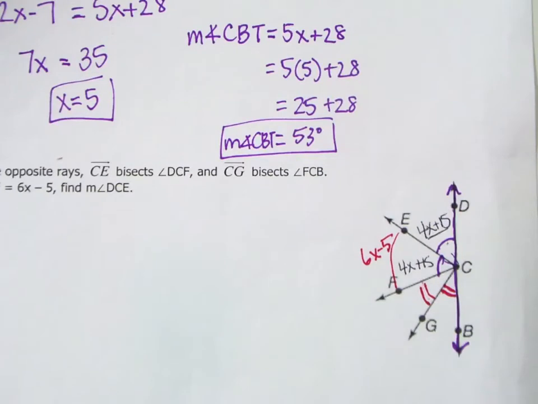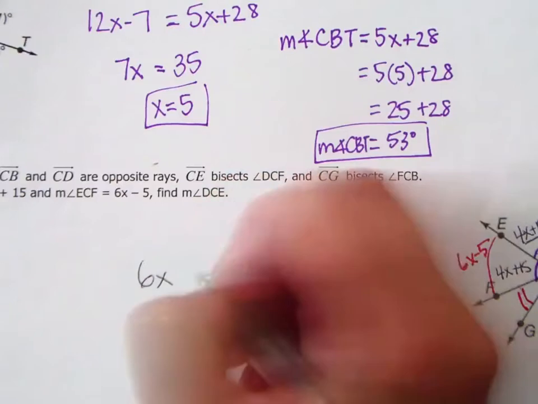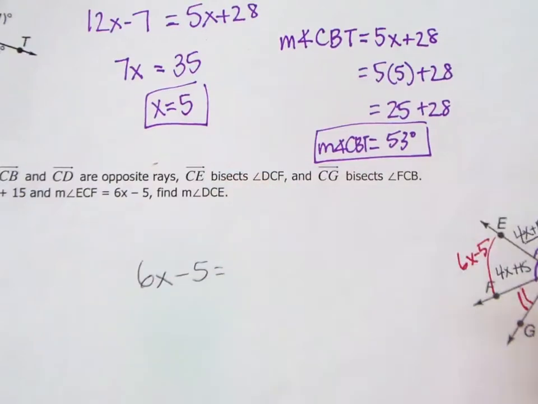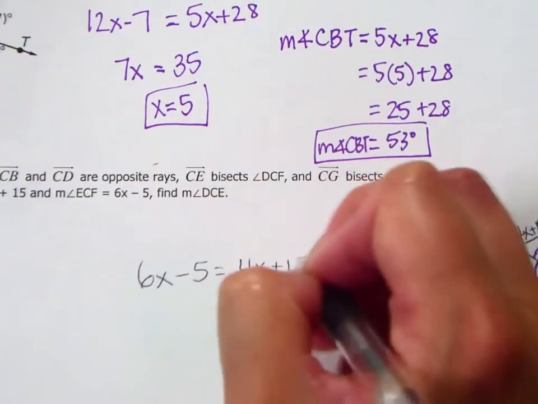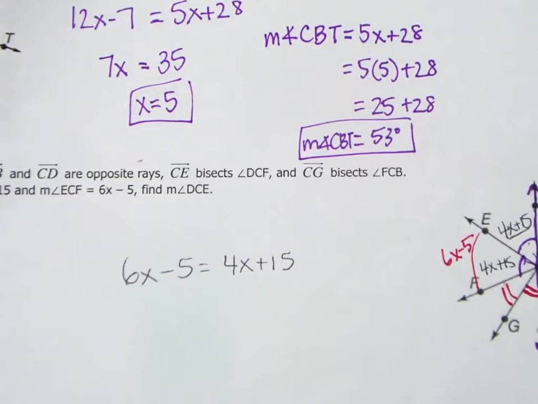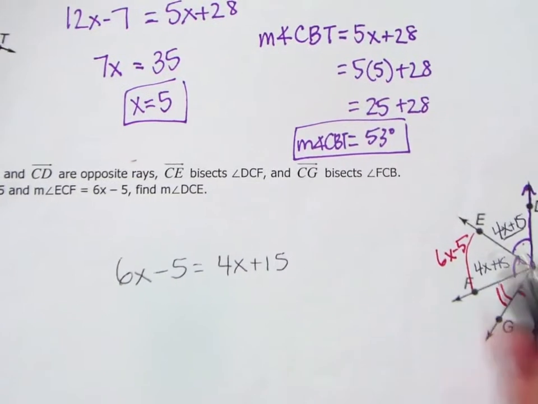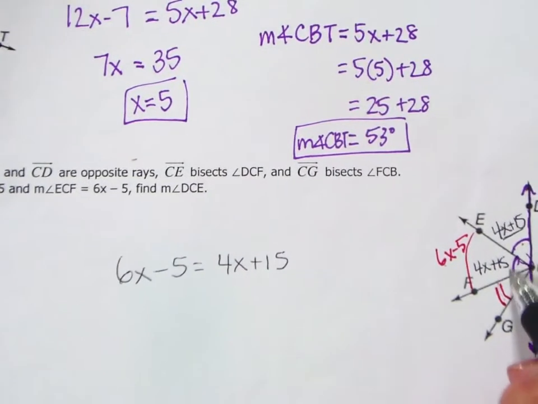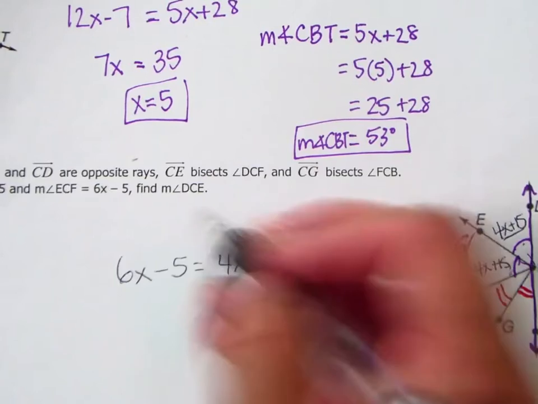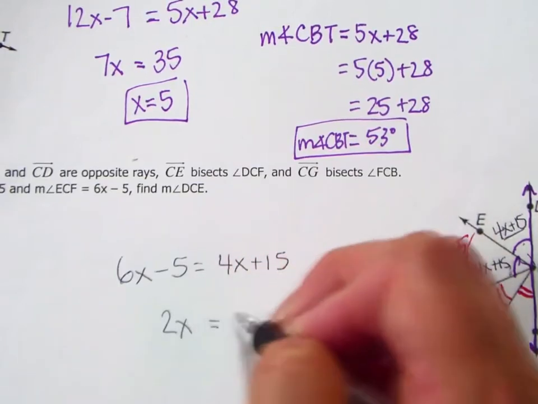So what we can do with that is we can set those two expressions for the same angle equal to each other. These two expressions are both representing the measure of that angle, so they have to be the same. From here, again, just an algebra problem.